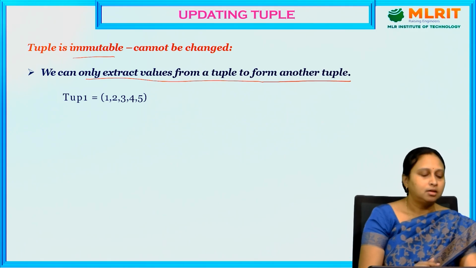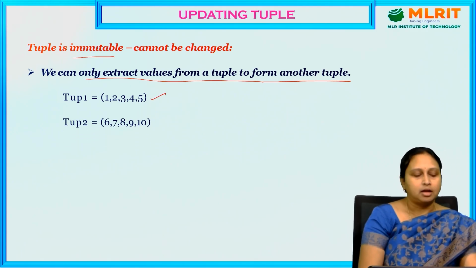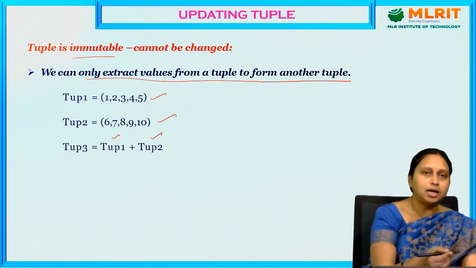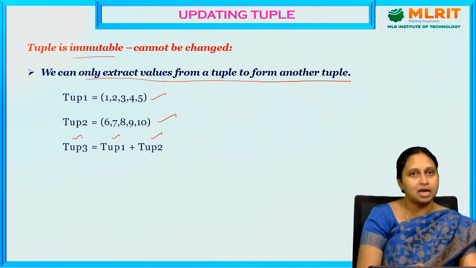Let us see. This is a tuple with 5 elements. And we have taken another tuple, tuple 1 and tuple 2. It has another 5 elements from 6 to 10. We can perform concatenation, adding the two tuples, tuple 1 and tuple 2, and store the result in a third tuple. This is possible.